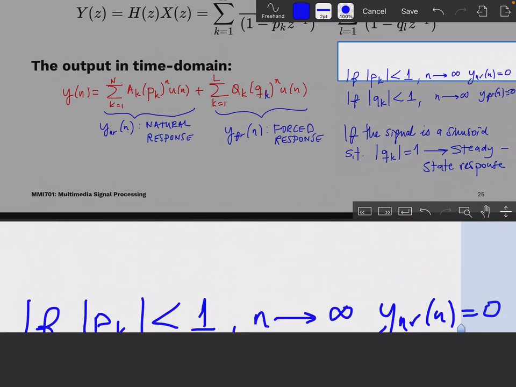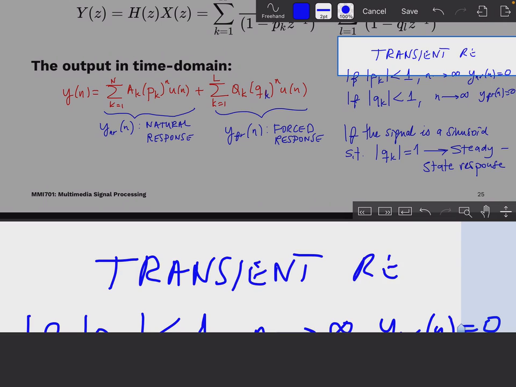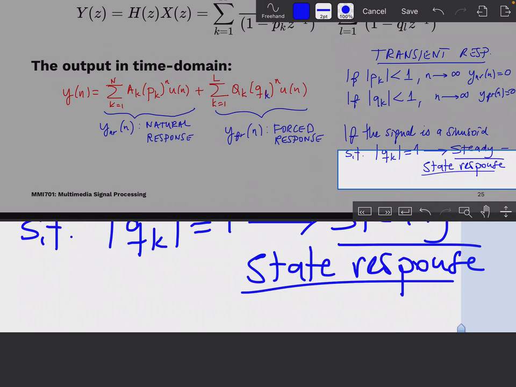So in the first case, we're talking about the transient response, and in the second case, we're talking about the steady state response.